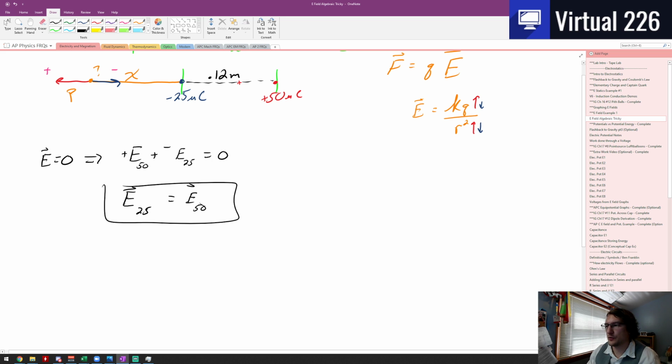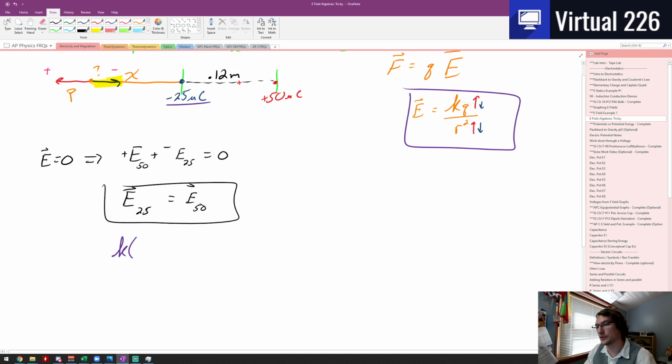Well, let's just set it up mathematically and see what we get. If we do this for the 25, we know we're using this equation, kq over r squared. We've got k. Our charge here is the negative 25 microcoulombs. We're going to ignore the negative though. Remember, we drew that negative in the picture, that E field's pulling to the right, and this electric field is acting to the left.